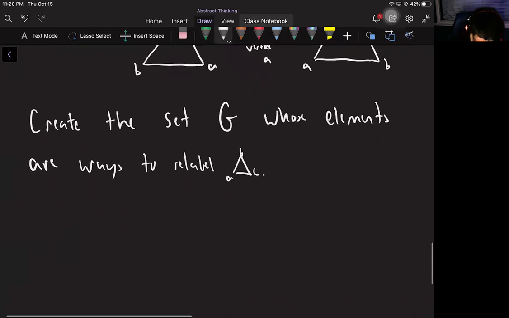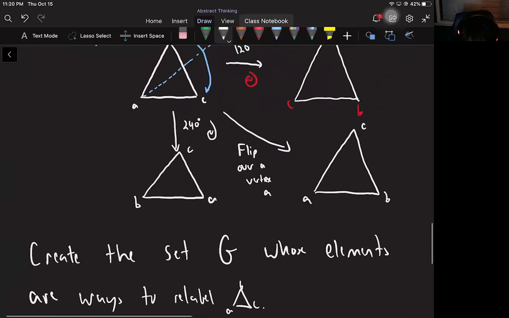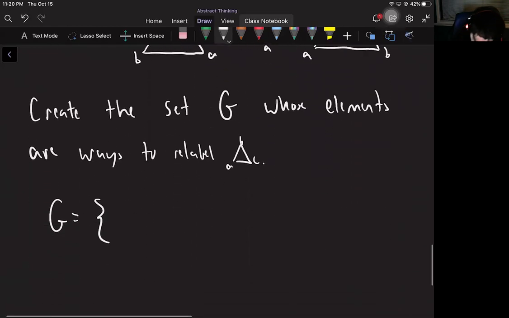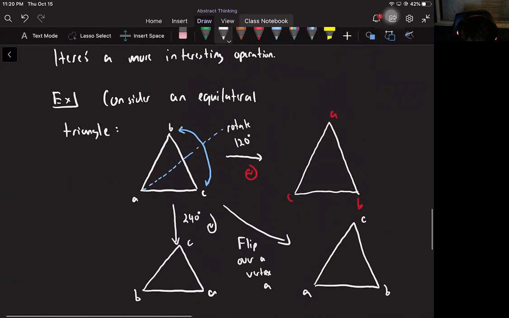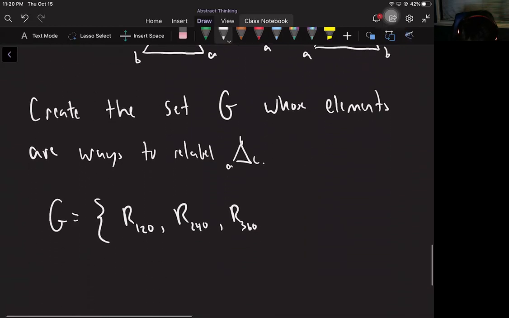So what are they? So G, what can we do? Well, we got a couple up here. I can rotate 120 degrees. I could rotate 240. And then if I rotate 360, I'm back where I started. So if I try to go to another one, what's after this? 480.